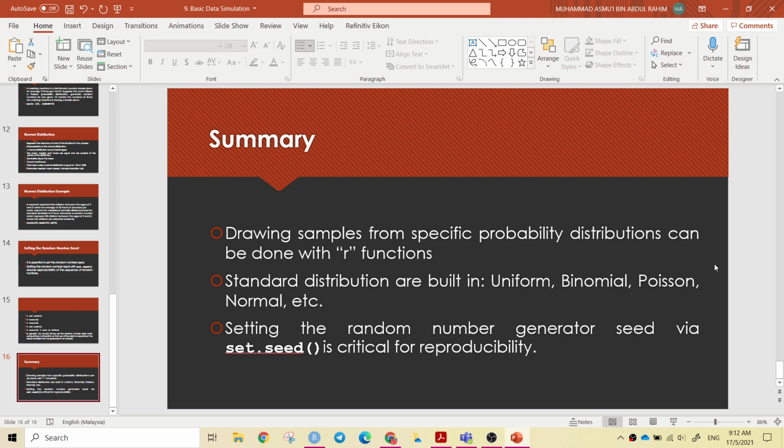Each of these distributions needs parameters, depending on the distribution, so find out the parameters based on the question. And then to get a reproducible output, you have to use the set seed function.